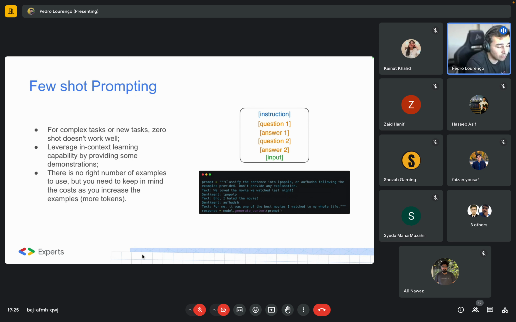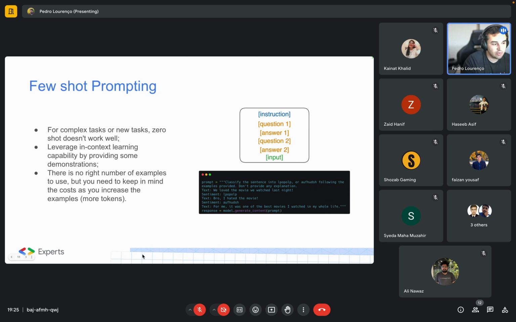But one thing you need to keep in mind is the cost, because when you increase the number of examples, you are spending more tokens, so you will pay more. When you're thinking about applications for companies, this is important to keep in mind. So you need to find a good balance between the number of examples and the performance of the model.